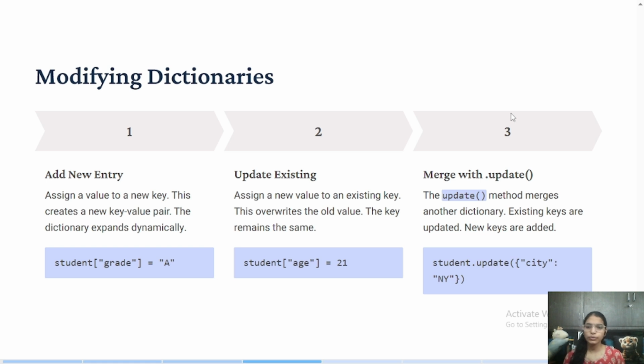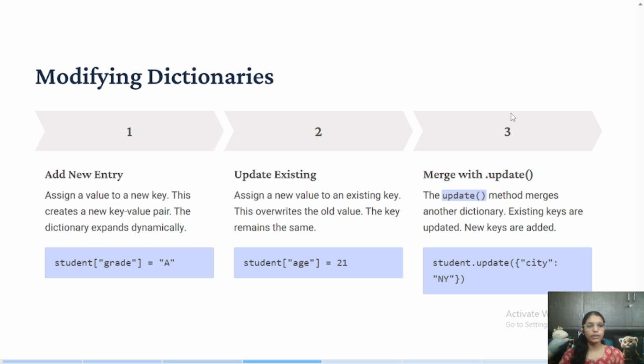To add a new entry, you give the dictionary name and its key in square brackets and assign it a new value. And to update an existing one, you just give the existing key and then change its value.